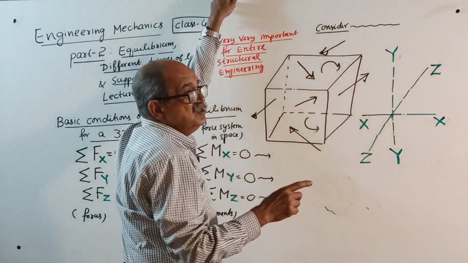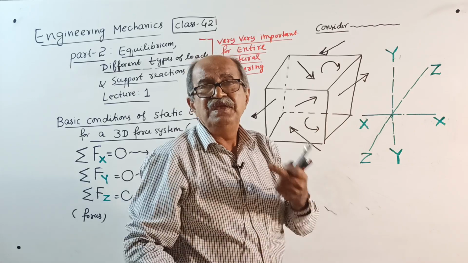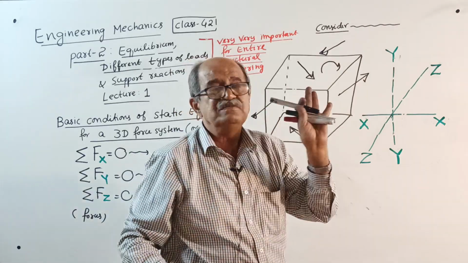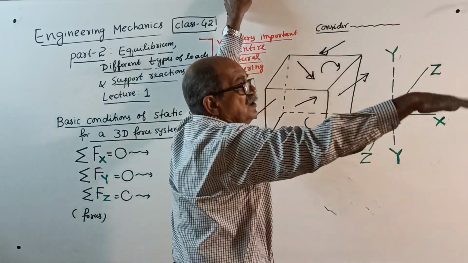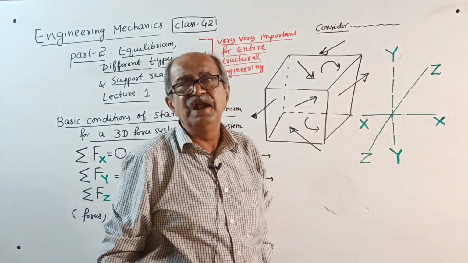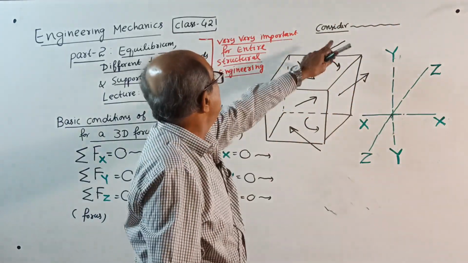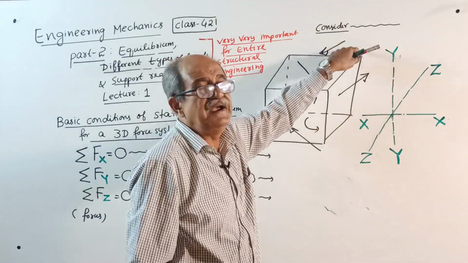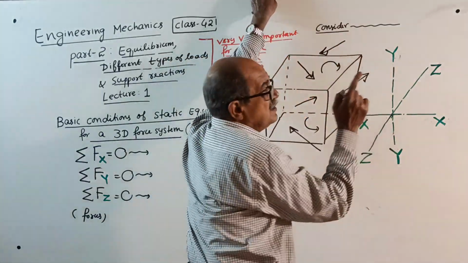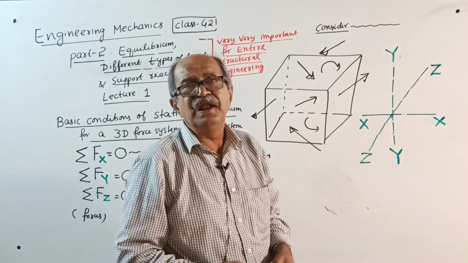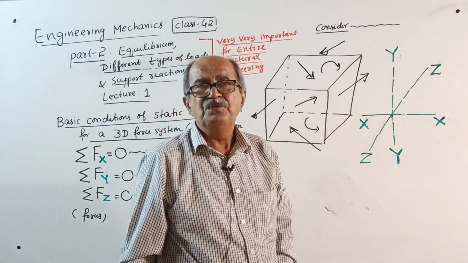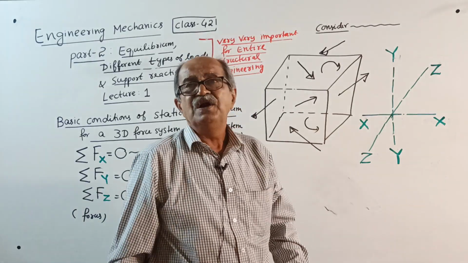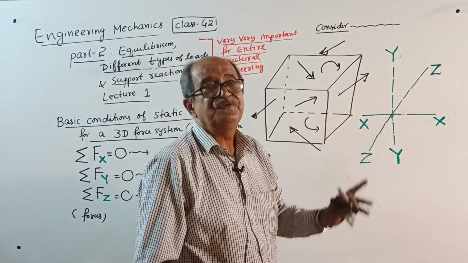Those who are depending on the class, everything I tell, you have to write. Consider a body subjected to a general force system in 3D, in three dimensions. 3D means, some people call it, in space.